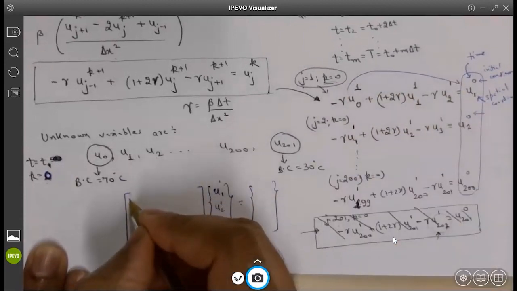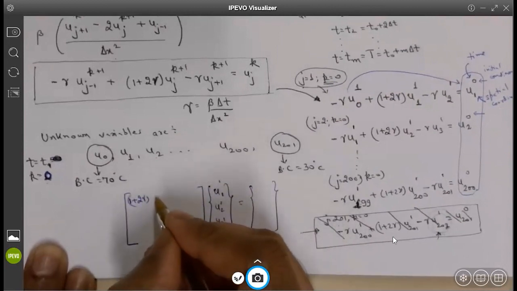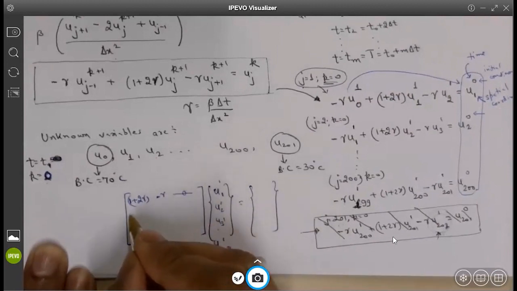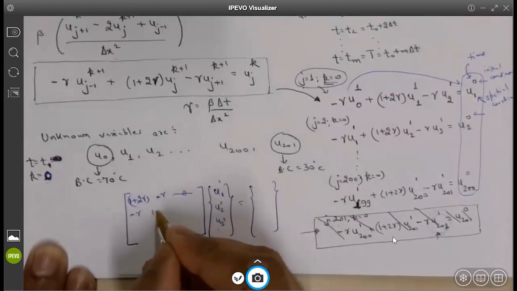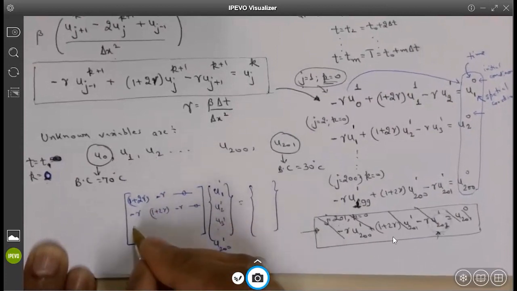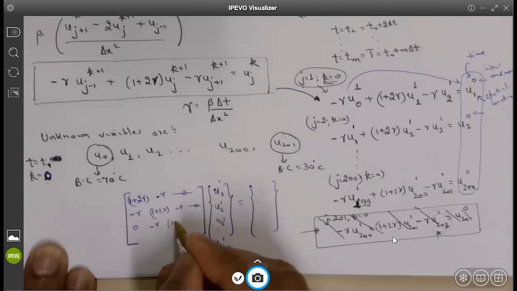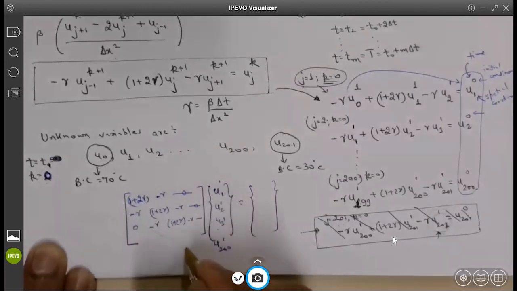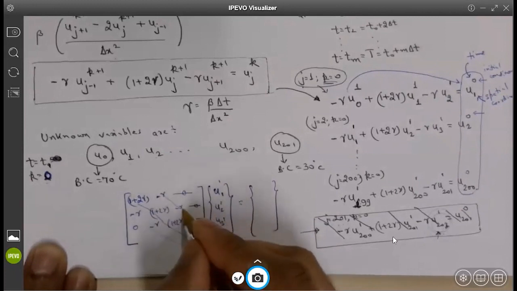What you get is 1 plus 2 gamma, negative gamma, all zeros. Then negative gamma, 1 plus 2 gamma, negative gamma, all zeros. Then 0, negative gamma, 1 plus 2 gamma, negative gamma, all zeros. It will keep on going like that and end up with a tridiagonal system.